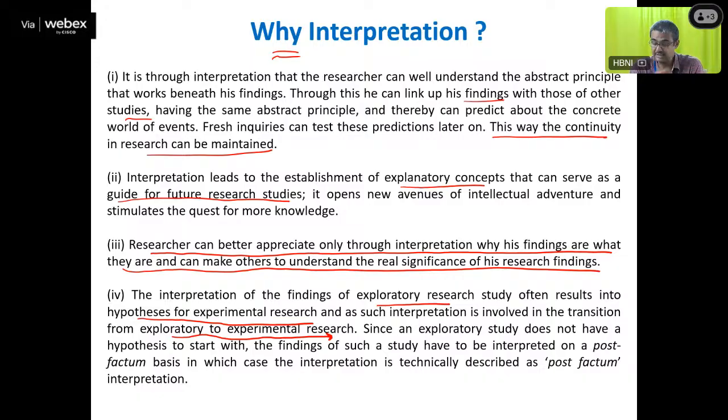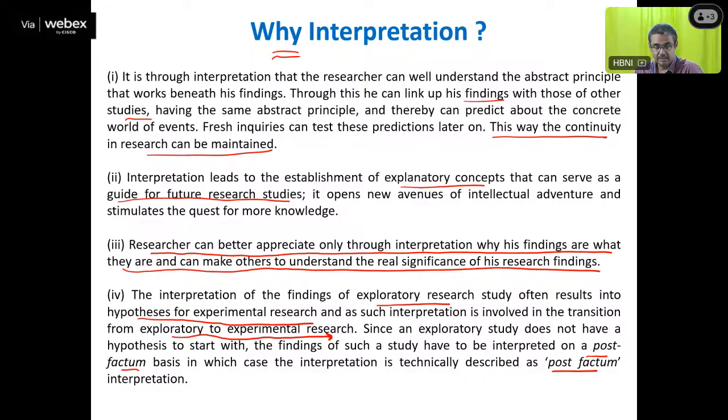Since an exploratory study does not have a hypothesis to start with, the findings of such a study have to be interpreted on a post factum basis, meaning after doing the work, in which case the interpretation is technically described as post factum interpretation.